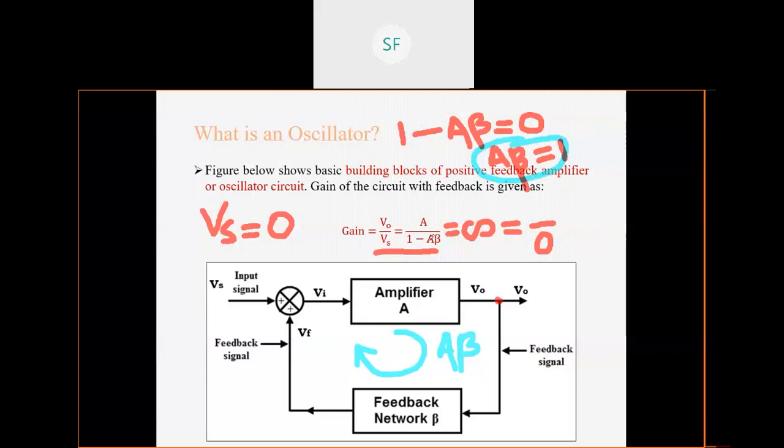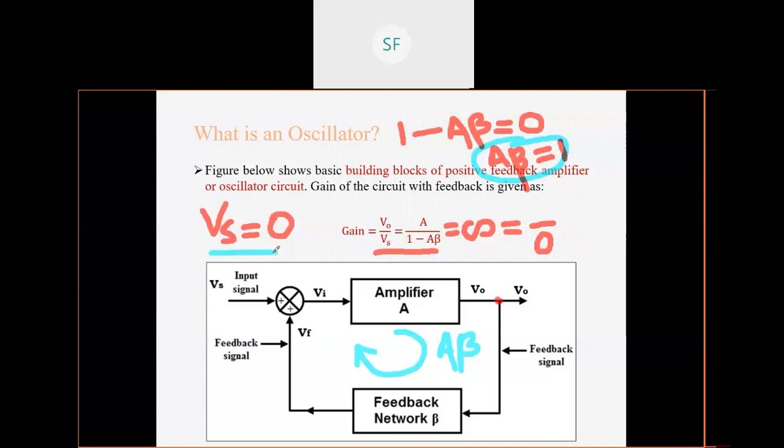Now we are going in reverse. When the value of A beta equals 1, what will happen to this fraction A divided by 1 minus A beta? Now the value of A beta, that is the loop gain, is 1. So A divided by 1 minus 1 will be 0, and A divided by 0 will be infinite. That means Vo divided by Vs is also infinite, which means Vs equals 0.